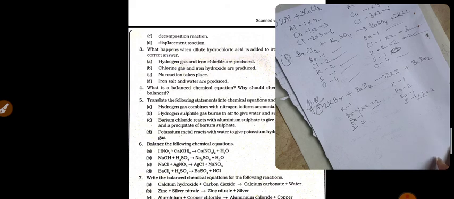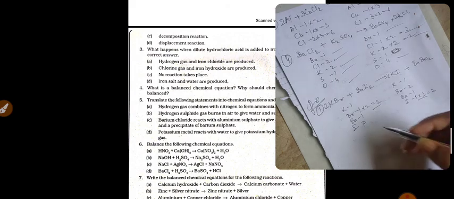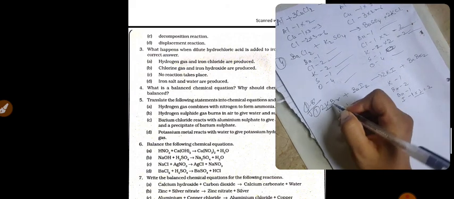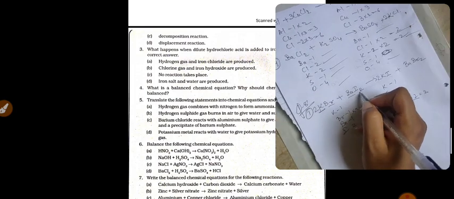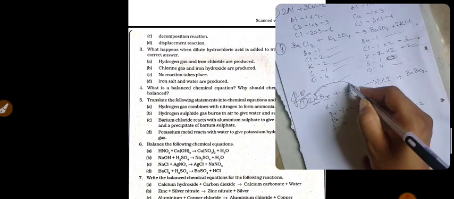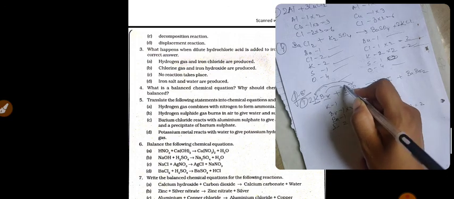Now type of reaction: metal, cation, anion. Cation, anion. This cation is connected with this anion. This anion is connected with this cation. So double displacement.